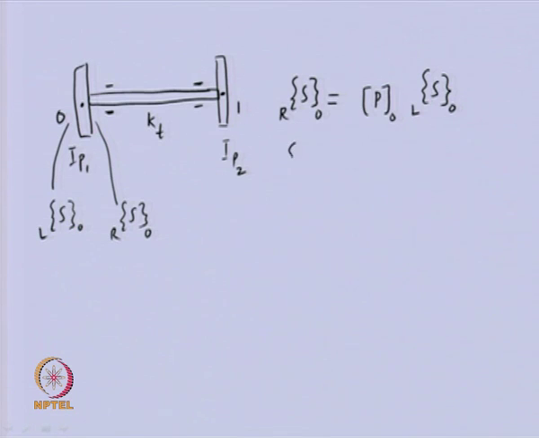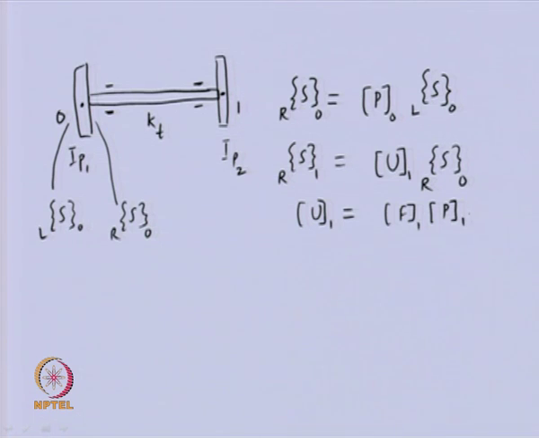Now, we want to transfer the state vector to the right of station 1 from the right of station 0. For this purpose, we have already seen that we need to multiply by the transfer matrix U1, and U1 is F1 into P1.